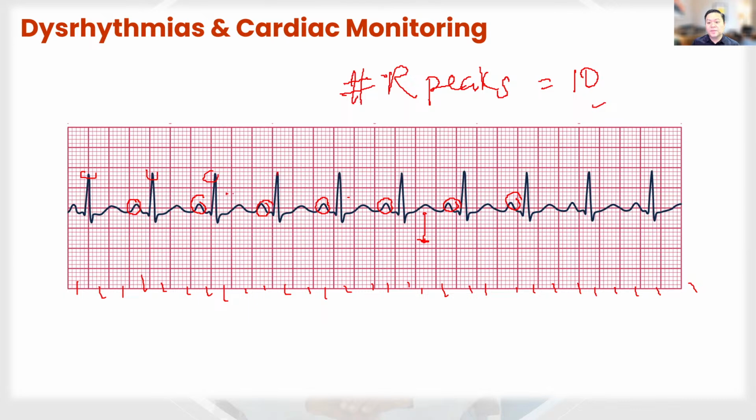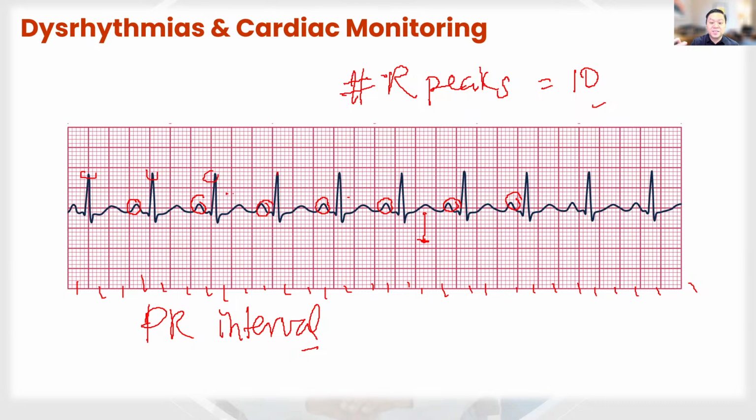Now, another thing that we need to review is that the segments like the ST segment or the intervals such as the PR or the QT intervals, we really need to keep an eye on those. So for example, the PR interval will measure the time when the impulses are being transmitted from the SA to the AV node, right?